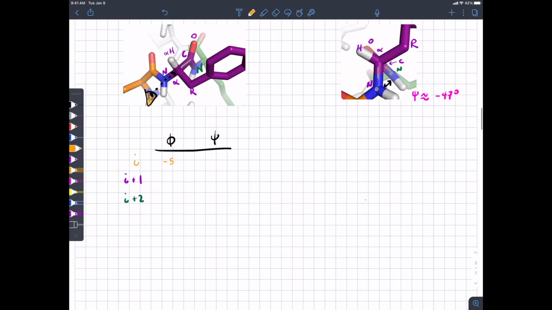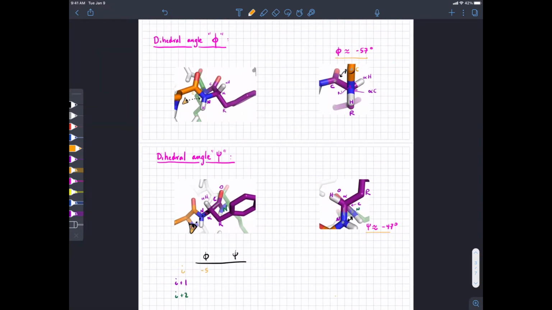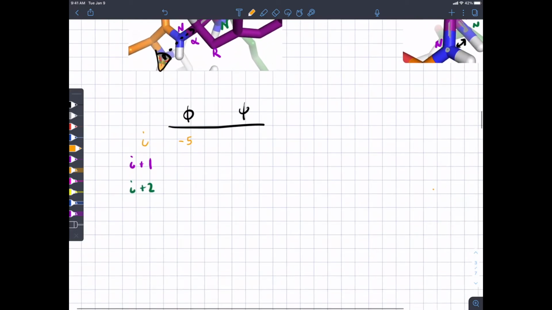And what I was giving you before for psi angles are sort of general guidelines for within an alpha helix. The actual numbers you measure for these amino acids are as follows. Please don't memorize these. We're just looking at data and trying to learn from it.